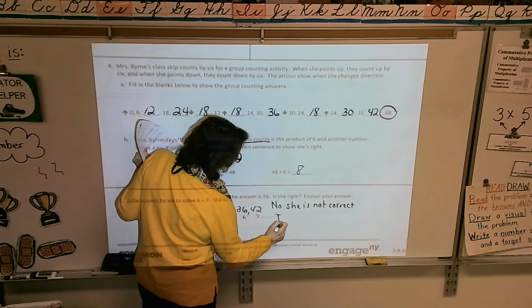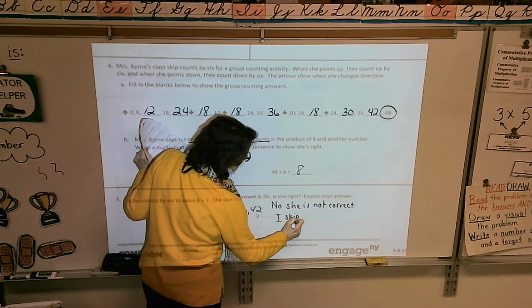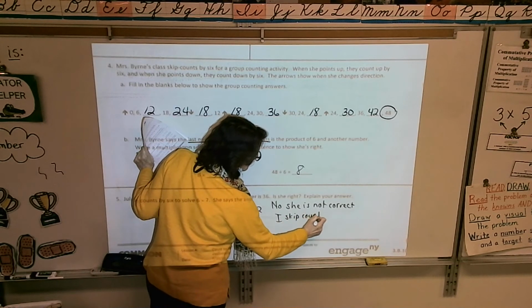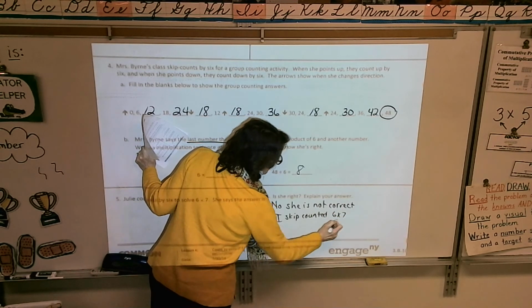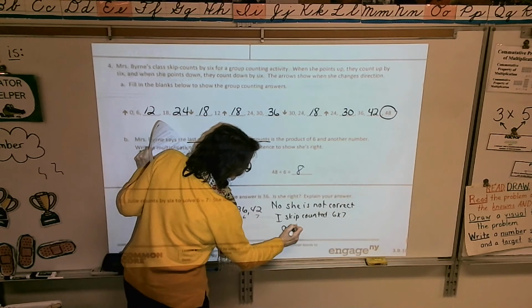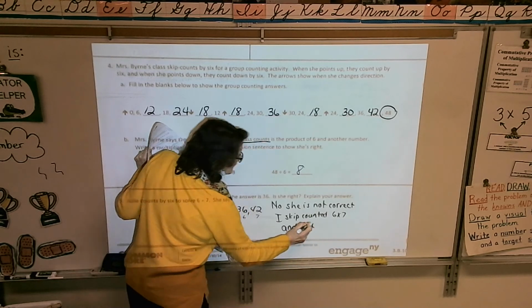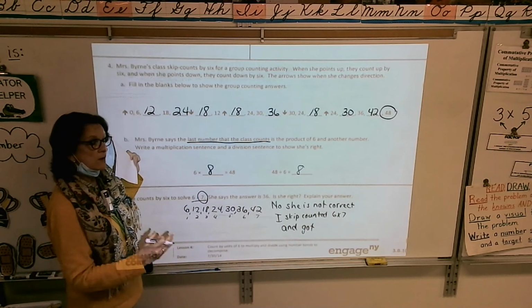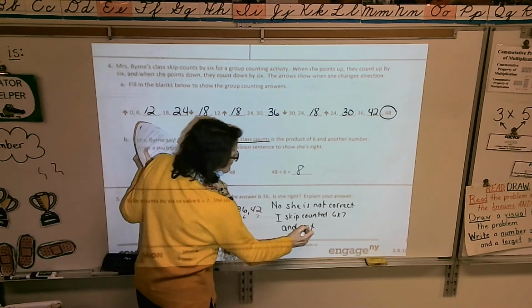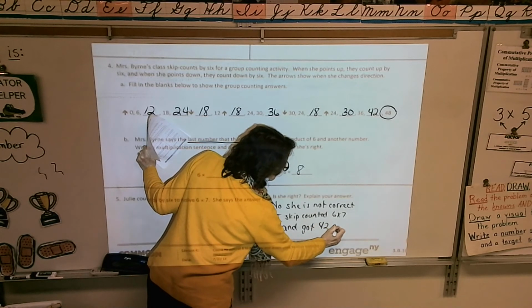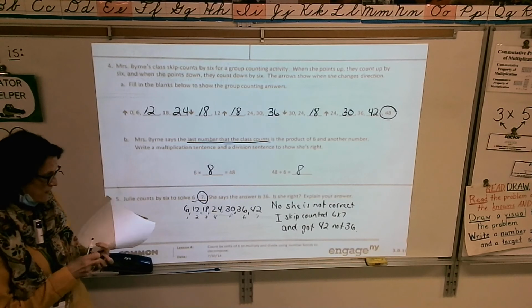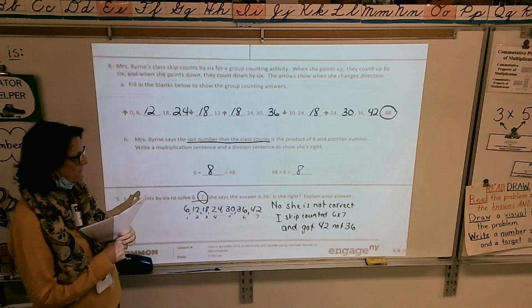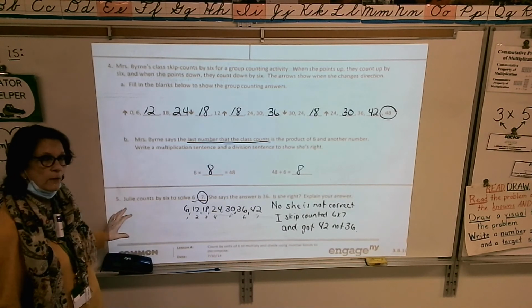I skip counted 6 times 7 and got, well, what did we get when we skip counted 6 times 7? We got 42. Not 36.